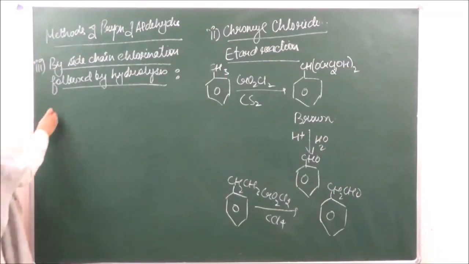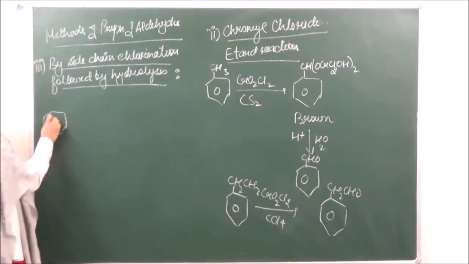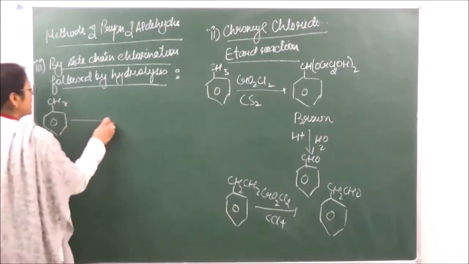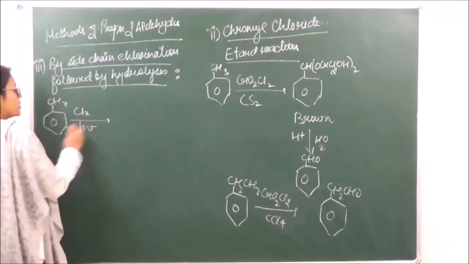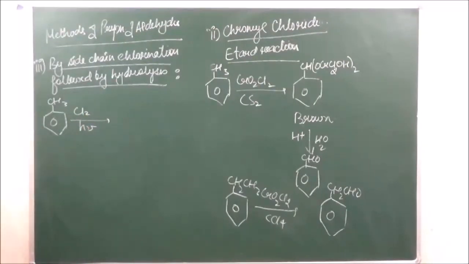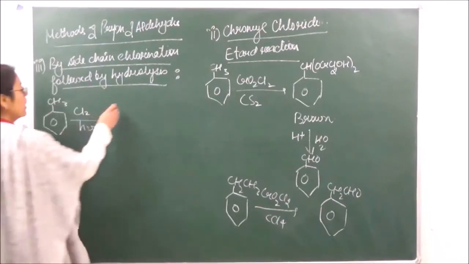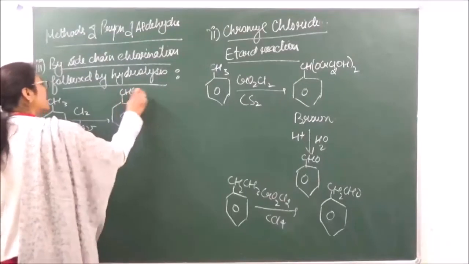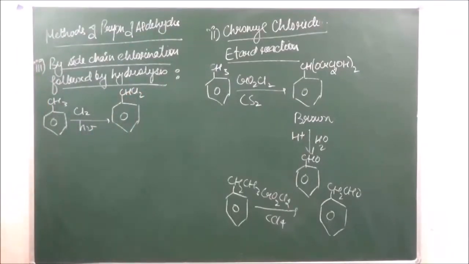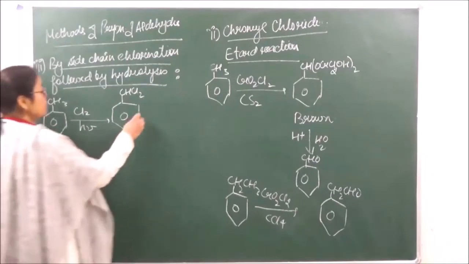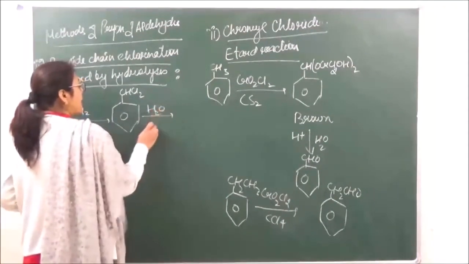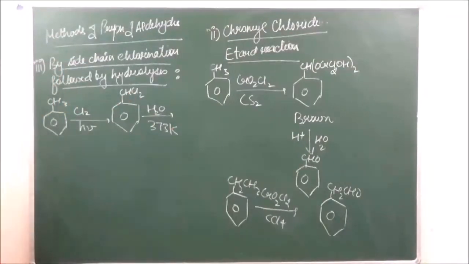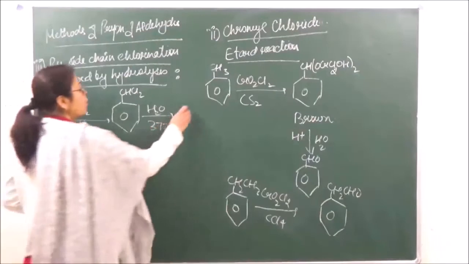So we have toluene. We are going to do the side chain chlorination in the presence of light. Then we will have the gem dihalide, CHCl2. When hydrolysis of this is done at a temperature of 373 Kelvin, both the chlorines are going to be substituted by the OH group.